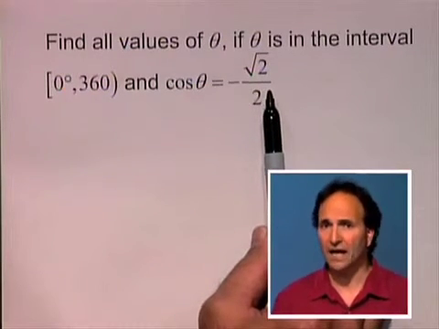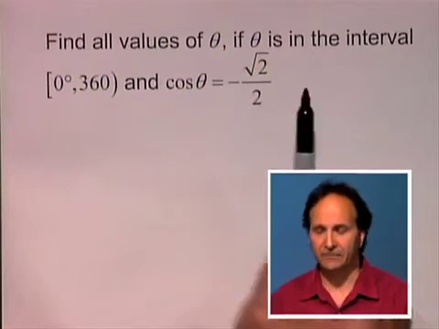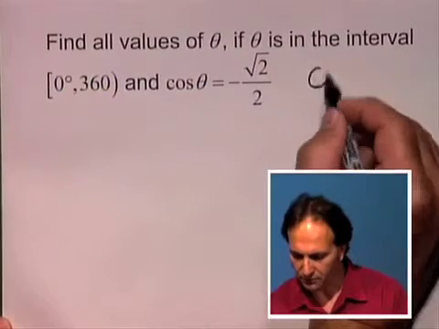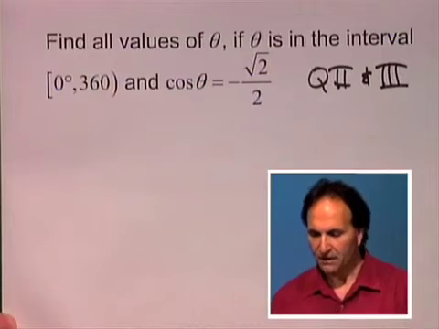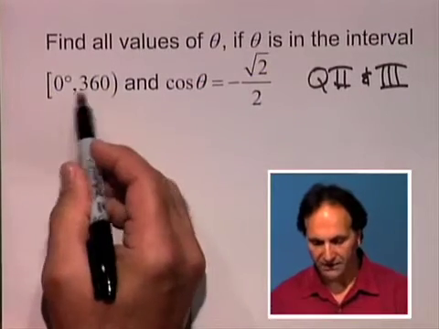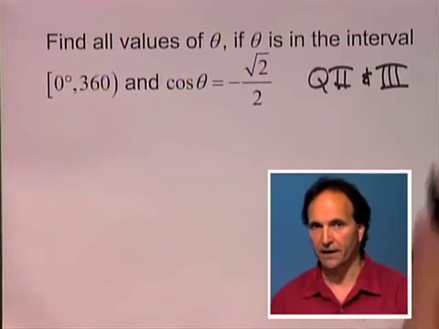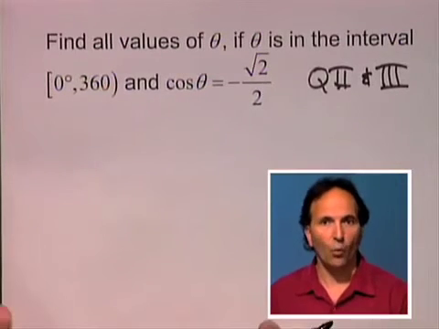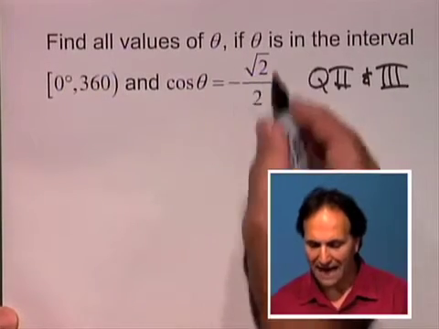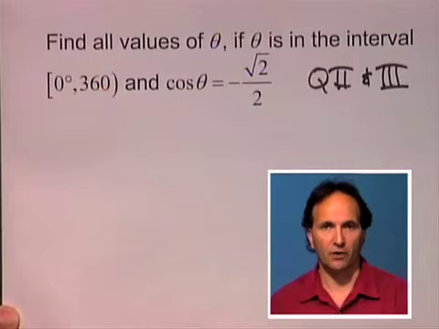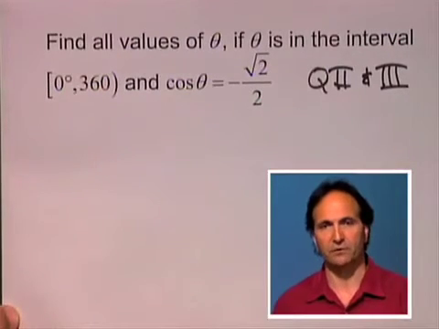We know that cosine, which is the x value over the r, would have to be negative in quadrants 2 and 3. So the angle we're looking for is in the interval from 0 to 360, more specifically in quadrants 2 and 3. Now let's think about what angle has a cosine equal to the absolute value of negative the square root of 2 over 2, which is then positive square root of 2 over 2.